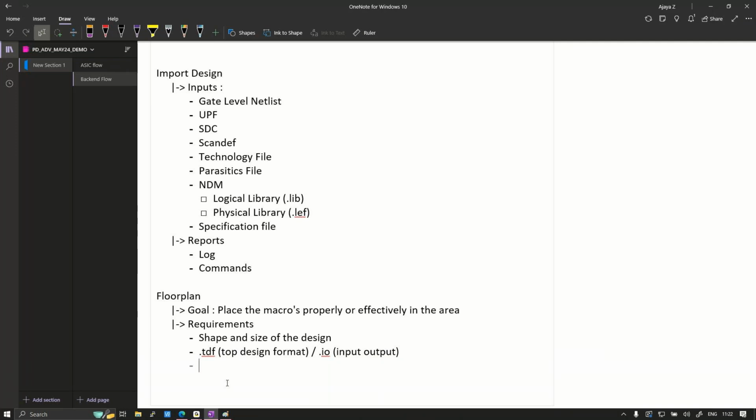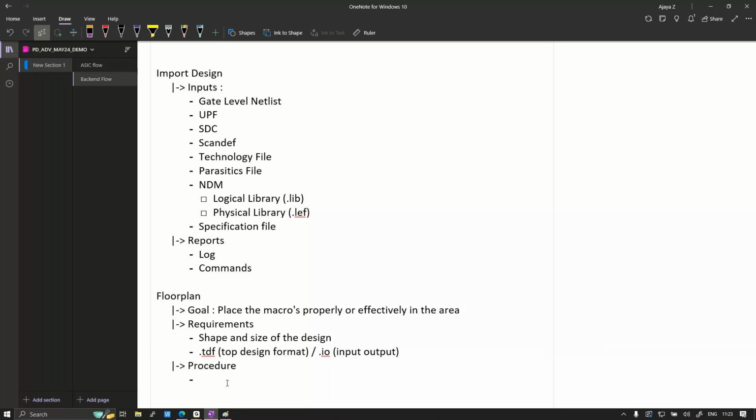Now, once I have that port information, I have all the requirements. The next step is starting with the placing of the macros. So these will be the requirements. That means this information is required before starting your floor plan stage. Once this information is provided, you will start with the procedure.